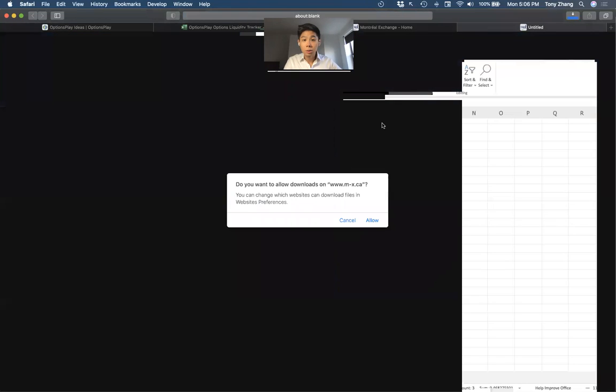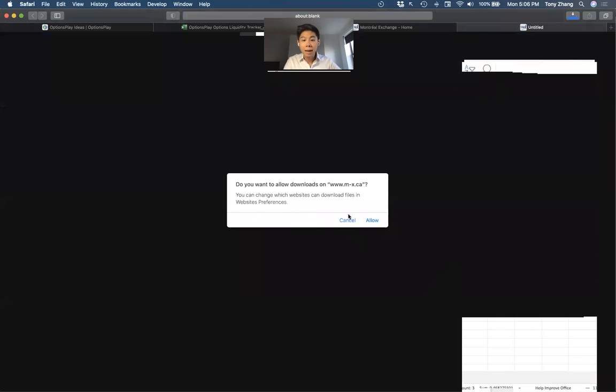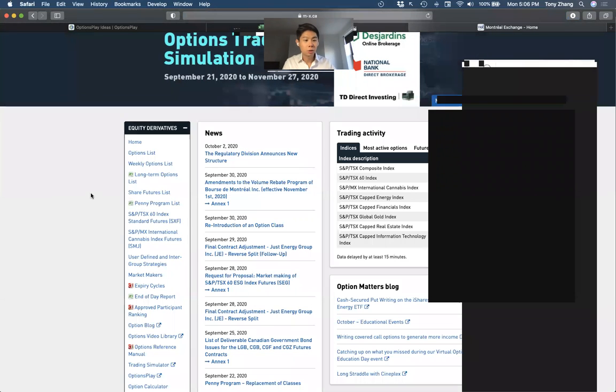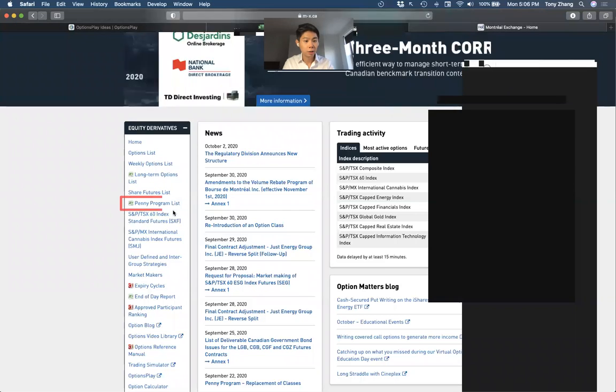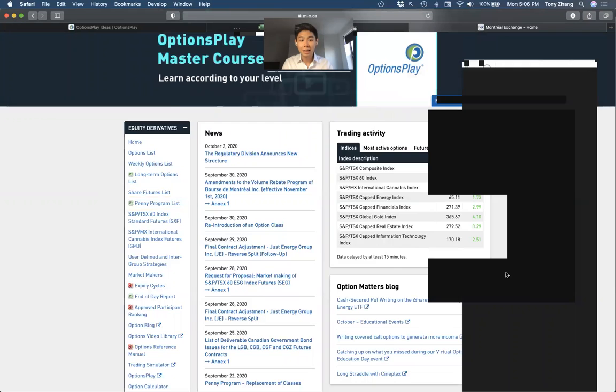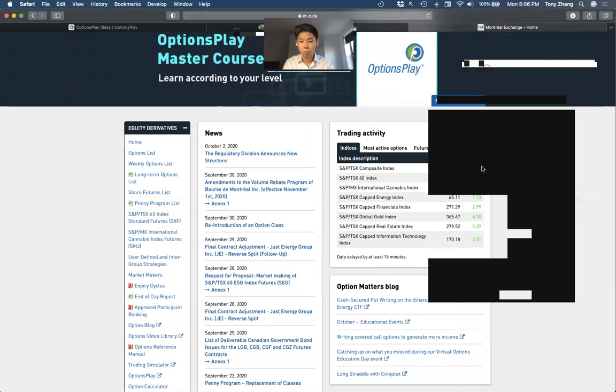This allows you to download the list of stocks that trade in penny increments. It is right here, the penny pilot program list. You can get the list of which names trade in 1 cent increments as opposed to 5 cent increments.